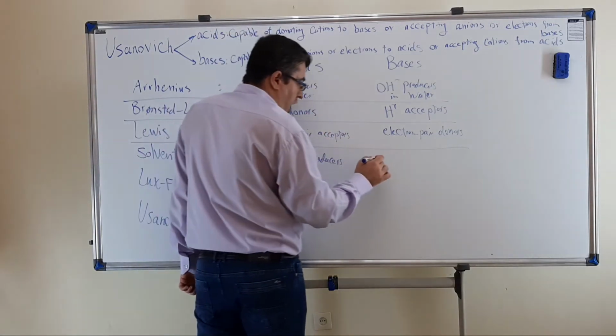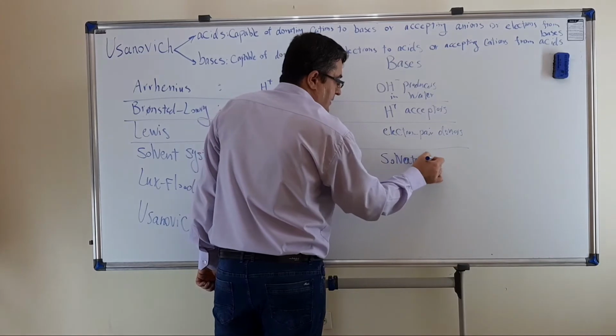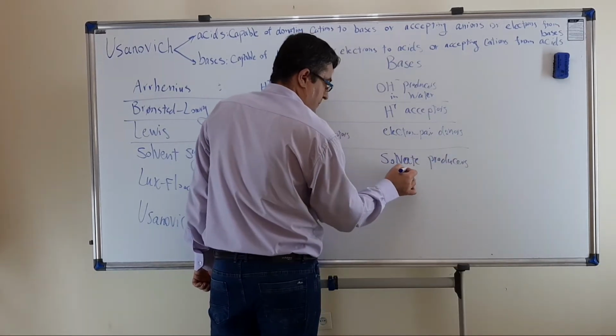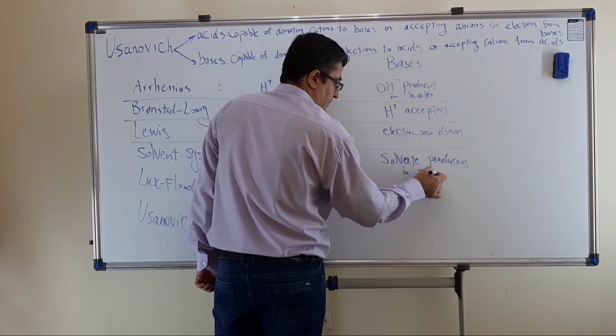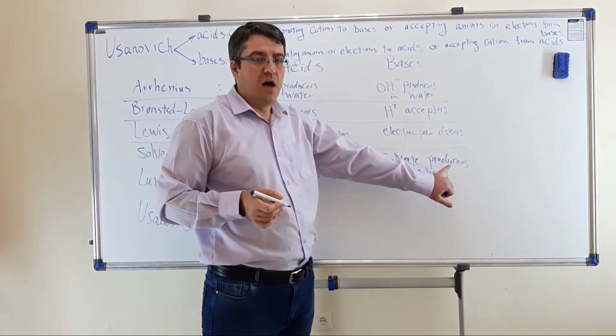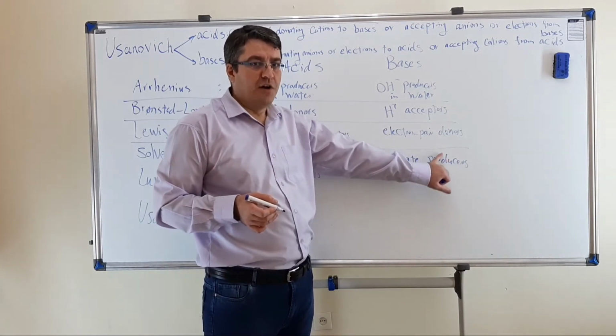And bases are solvate producers, or the characteristic anion of the solvent, the anion produced in the self-ionization reaction of the solvent.